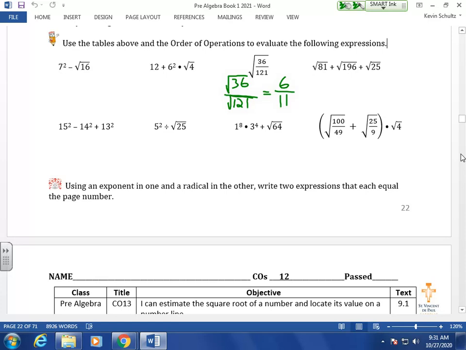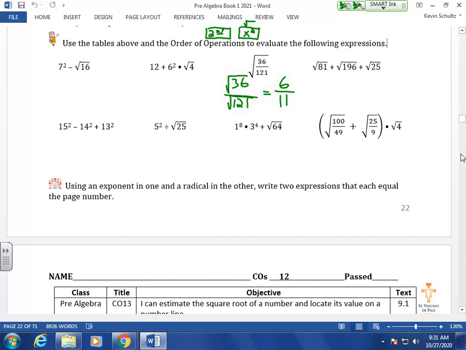Okay, I'll walk you through the steps. First, you want to push your second button. Then you want to push the x squared button, not because you want to take the power, but because you want that root symbol above it. That's going to give you the root symbol with that first parenthesis.